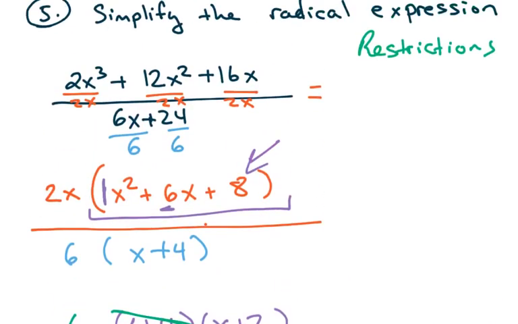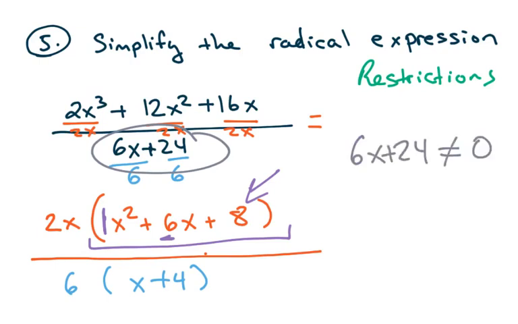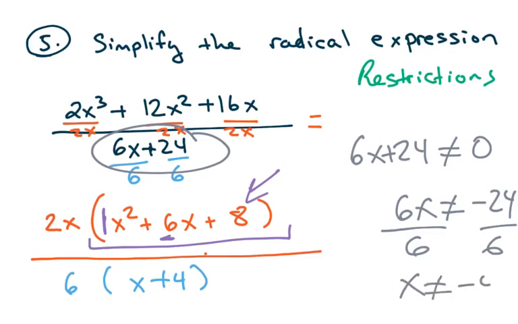Now, if you're looking at this and you're like, Mr. Anderson, I wanted to take it from the beginning and take 6x plus 24 and say that doesn't equal 0 and solve. Well, if you did it this way, notice you would actually still get the same answer.